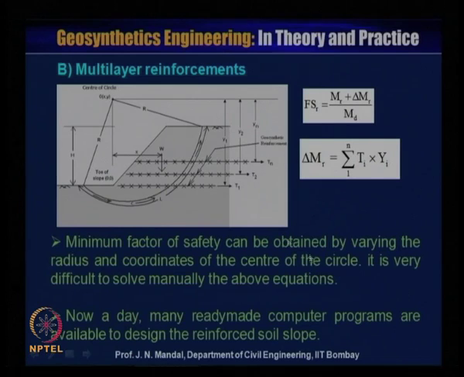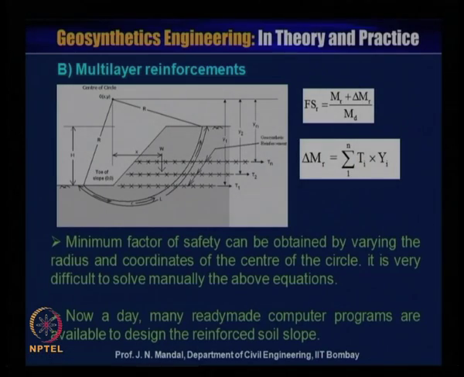Now, as I said, we can use a number of layers of reinforcement. You can see here the slope, the height of the slope h, this is the radius, and this is the center of the circle O, with coordinates x and y. You provide a number of layers of reinforcement.